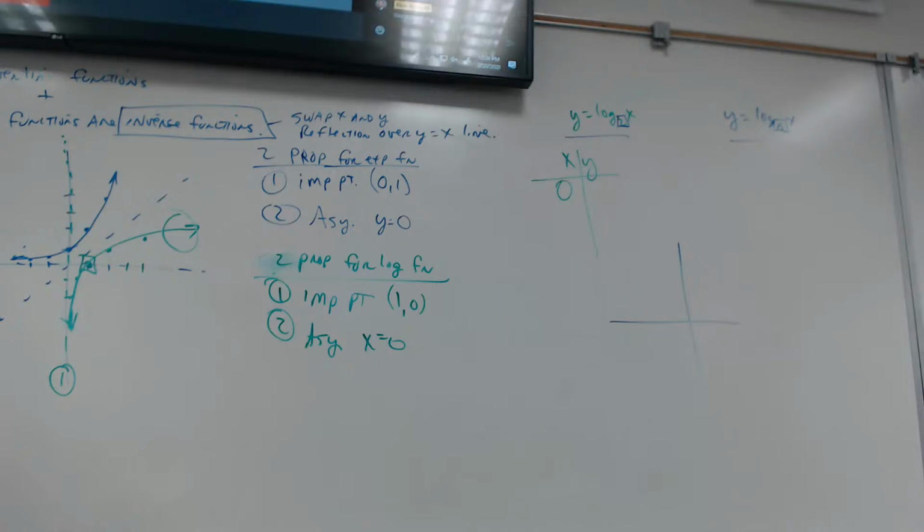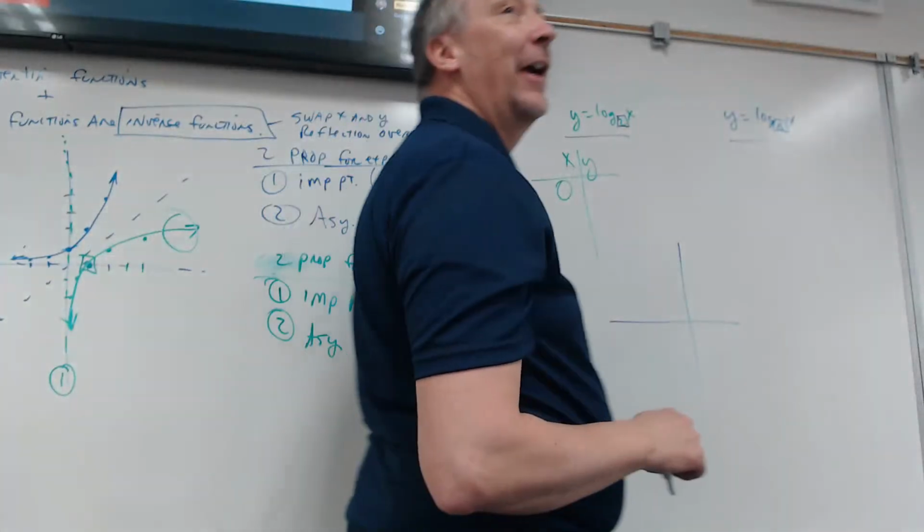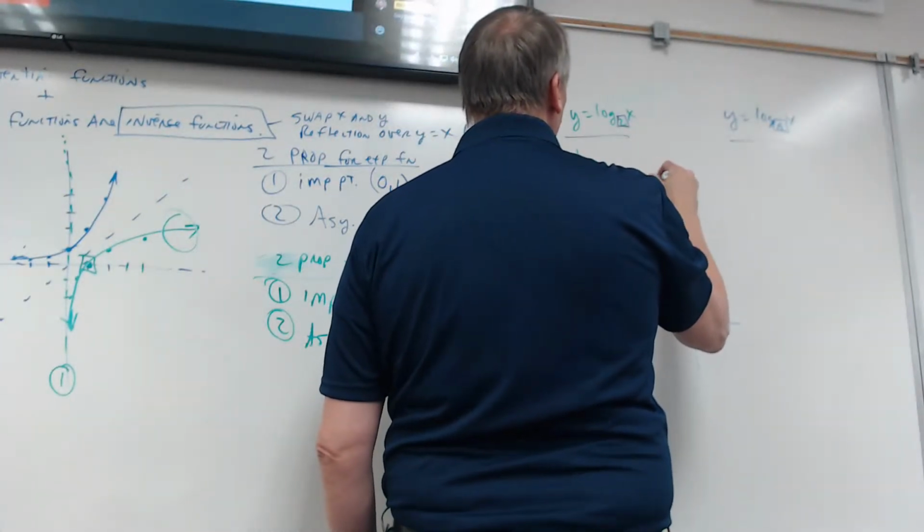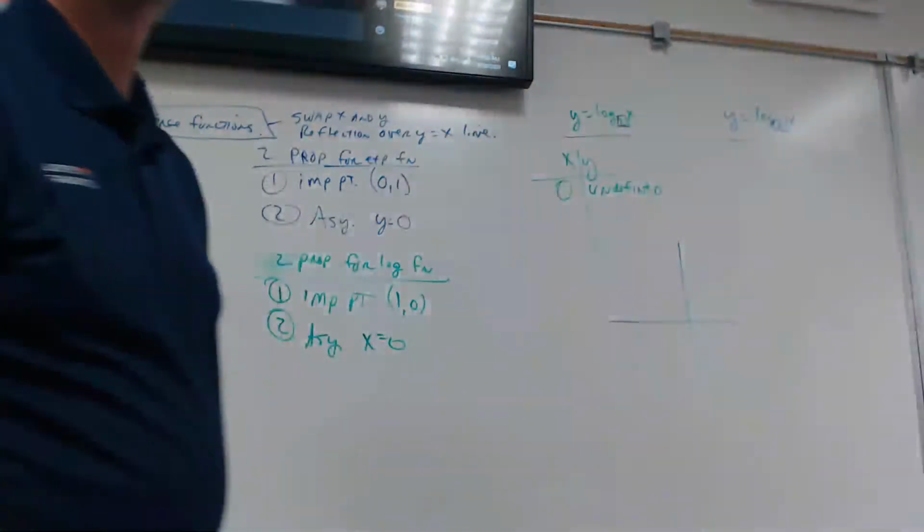Go ahead and type it in your calculator. Undefined. There was an answer. You're stealing all my thunder here. My other class, they said it's error. Error is not the correct answer. It's undefined.